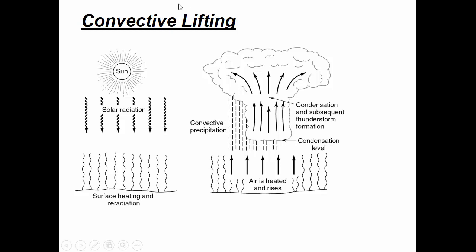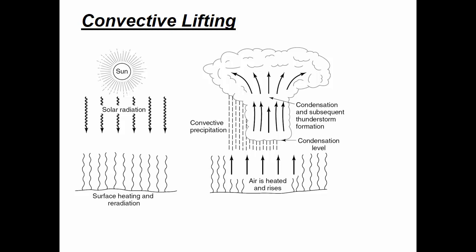Convective lifting is where the air is being lifted up due to convection, which means radiation from the sun heats up the surface during the day, and then in the afternoon, when the surface is nice and warm, it's lifting the air up. And you've probably seen that gliders can fly around almost indefinitely in the afternoon because of the thermals, as they're called.